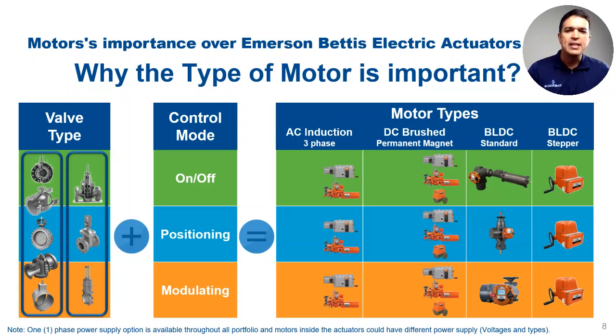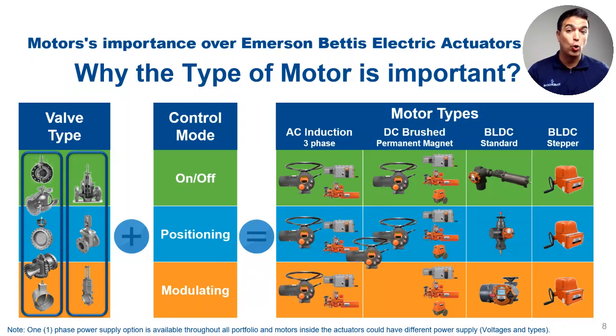Three phase, DC brush permanent magnet, standard brushless DC motor, and stepper motors. As you can see here, Emerson Bettis can offer a solution with any kind of motor. However, the XT3000 is the product with most of the capabilities to do any kind of automation, taking into consideration torque range, reliability, diagnostics, and safety.